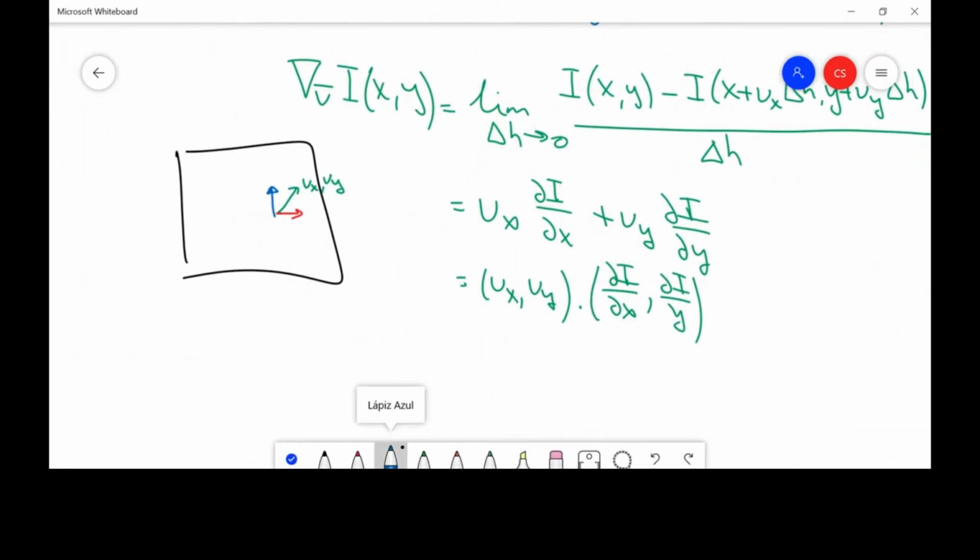And what is the name of this vector? The gradient. This is the gradient of the image I. Laplacian? No, the Laplacian is the second derivative, it has to do with the second derivative.